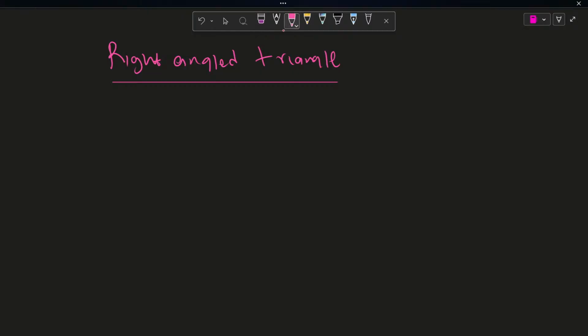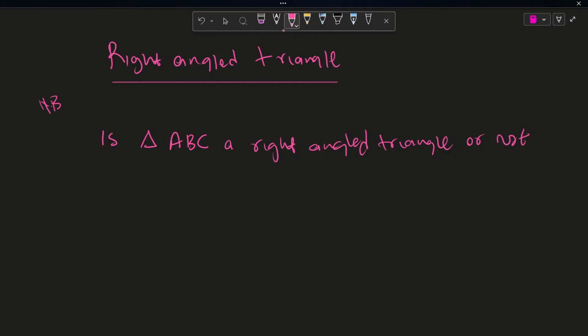Let me say, is triangle ABC a right angled triangle or not? Put NB to this question. It might appear in your test or in an exam, right?